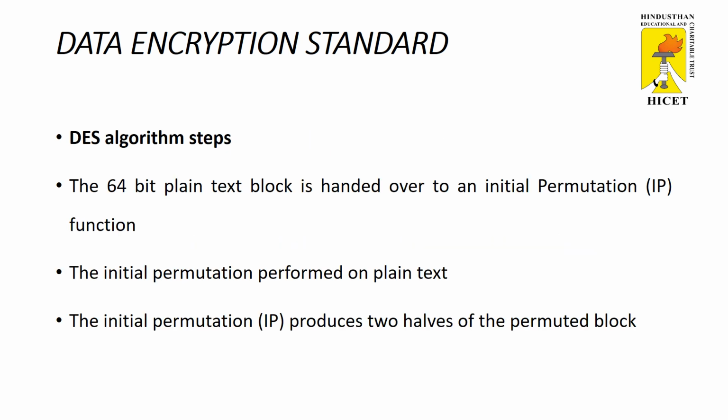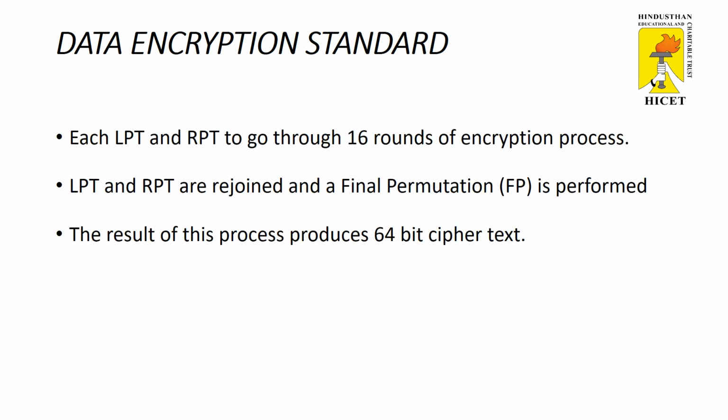Data Encryption Standard algorithm steps. In the first step, the 64-bit plain text block is handed over to an initial permutation function. In the second step, the initial permutation is performed on the plain text. In the third step, the initial permutation produces two halves of the permuted block, called left plain text and right plain text.